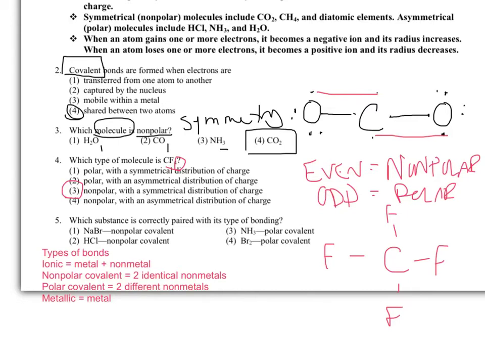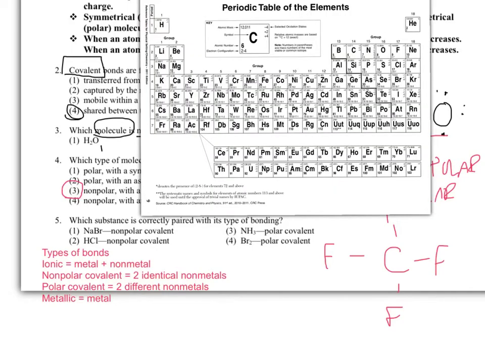So here we have sodium bromide. So when we look on our reference table, let's pull up the periodic table. Here we will recall from our last unit that the metals are located to the left of the staircase. The nonmetals are located to the right of the staircase, and metalloids fall in the middle. So sodium bromide, sodium is a metal, and bromine is a nonmetal, thus making it ionic.